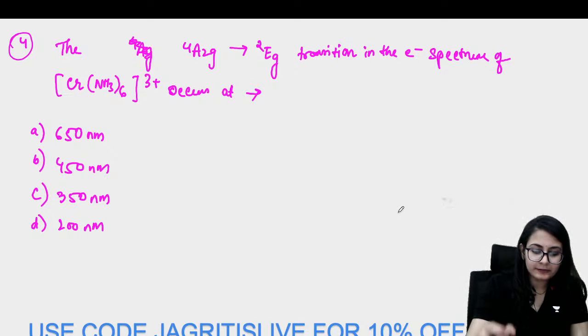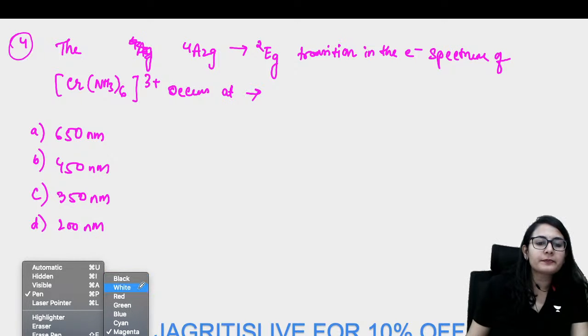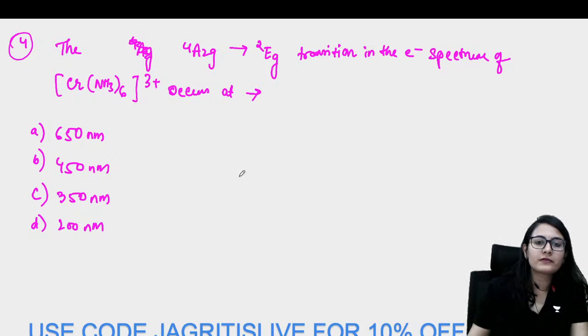All right, guys. So what is this transition? See, this is a mug-up type question. Yes. Okay. So this transition that you are seeing is for the phosphorescence, isn't it? Chromium 3 plus.